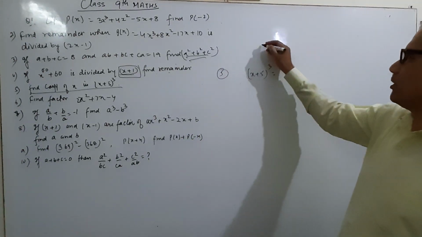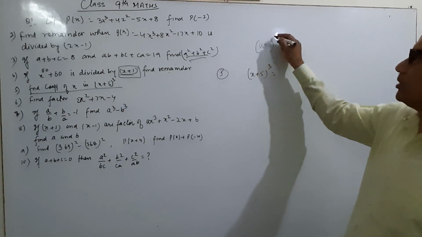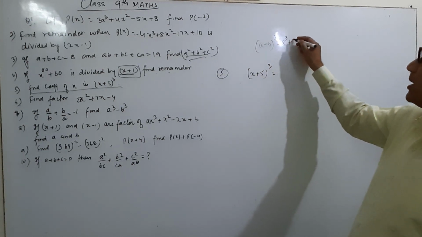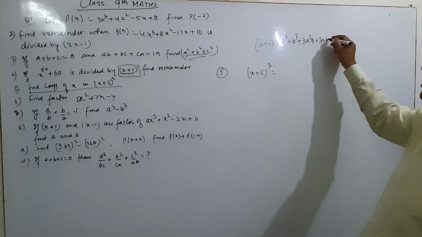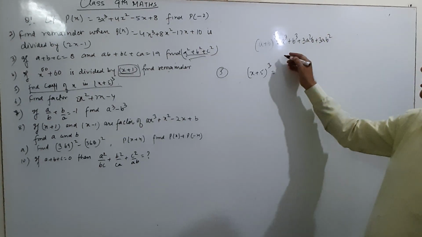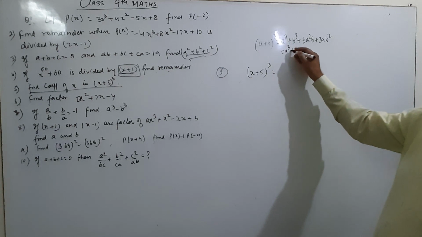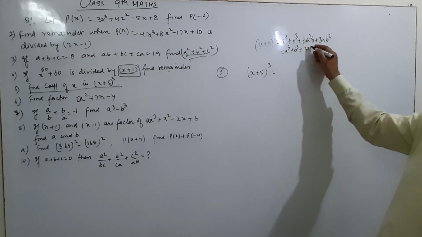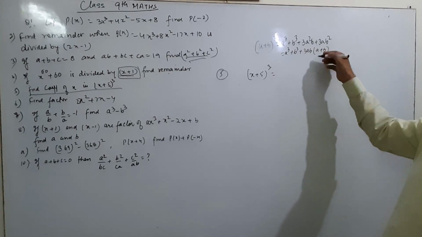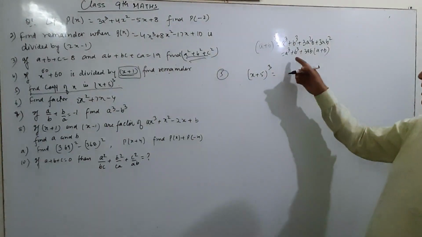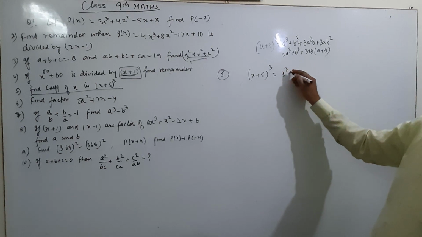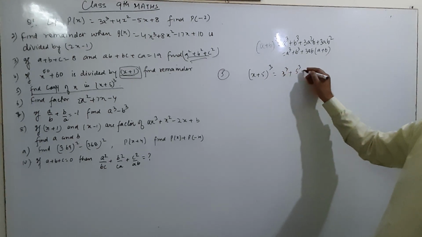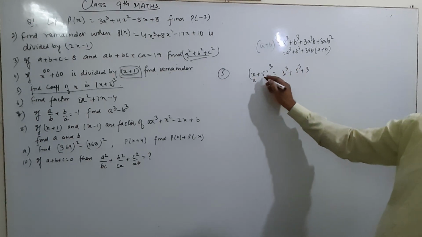We have to apply this formula: a plus b whole cube is equal to a cube plus b cube plus 3a square b plus 3ab square, or a cube plus b cube plus 3ab into a plus b. We can apply this identity also. So we are applying this one. This is a and this is b.